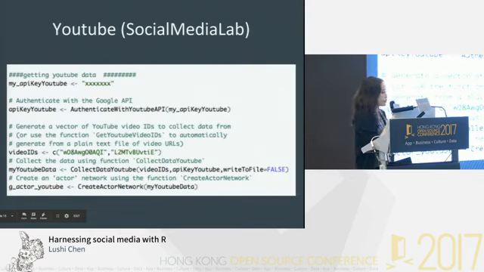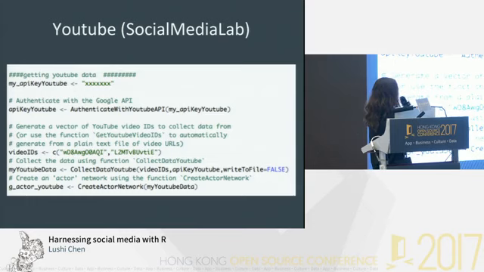Now you can use a package called Social Media Lab. It's a very new package, and very comprehensive. You can use this package to grab Facebook data, Twitter, YouTube, and also Instagram. But Instagram is shut down by Facebook at the moment, so we can't use it.